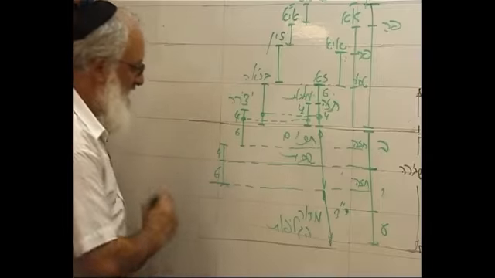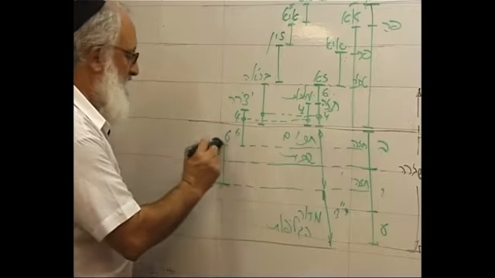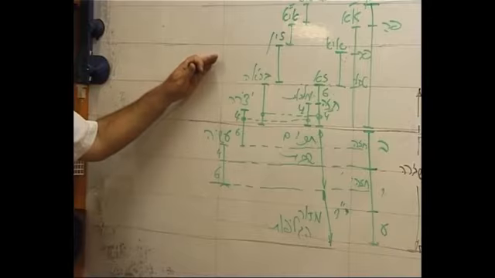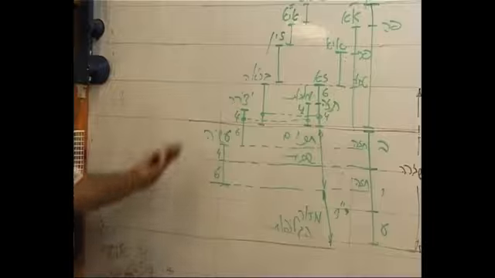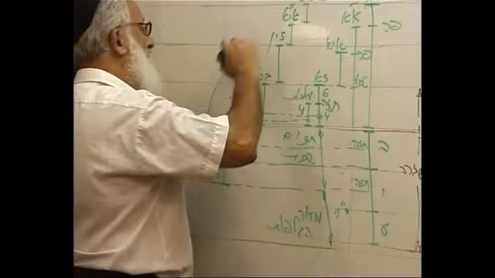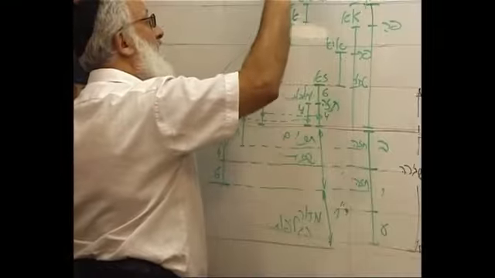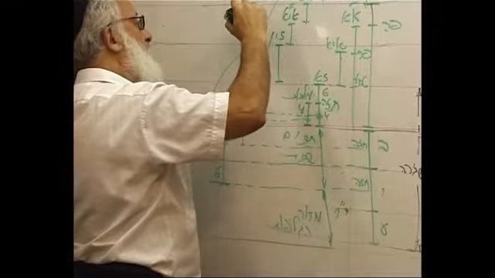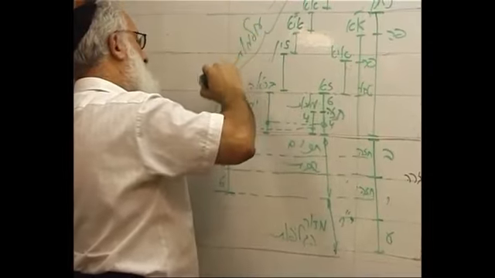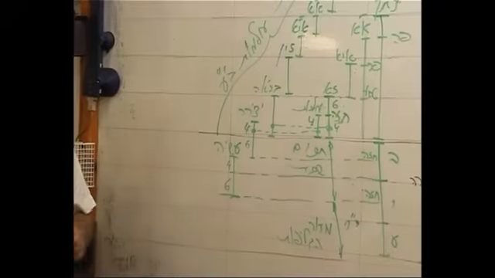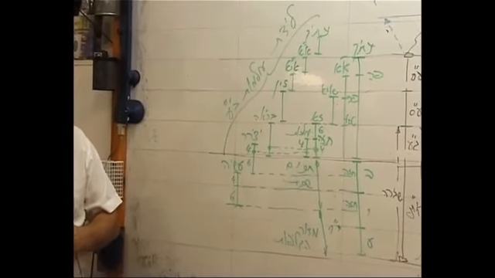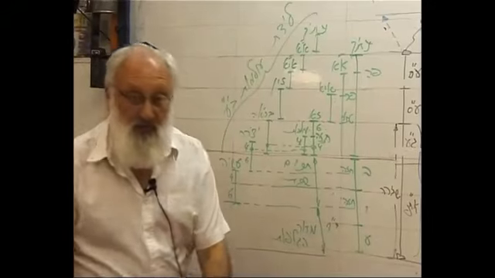And from here, Bria, Yetzirah, Asiyah. This is how the 3 worlds emerged. And this is the state of the worlds when they were born, the birth of the worlds of Bria, Yetzirah, Asiyah. We have that?